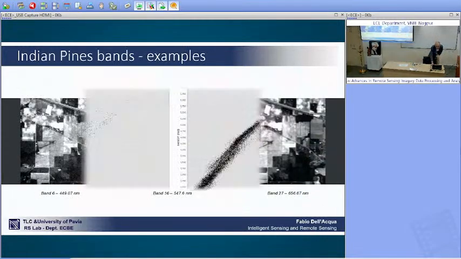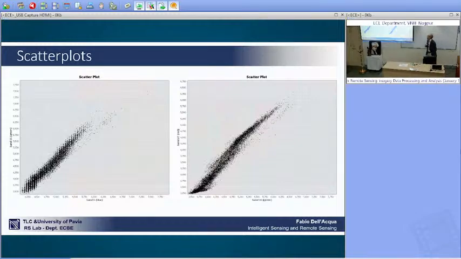If you take any two nearby bands, like 6 and 16, there should be a graph here showing it. No, it's not there, unfortunately. But anyway, if you take two nearby bands, the scattergram will be very, very narrow. So they will be very much correlated.